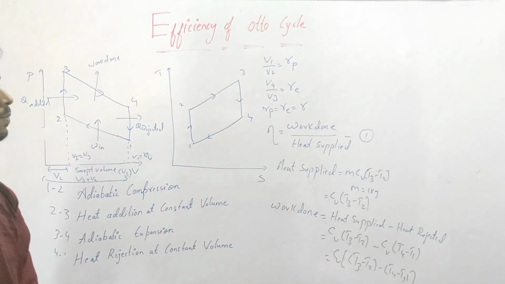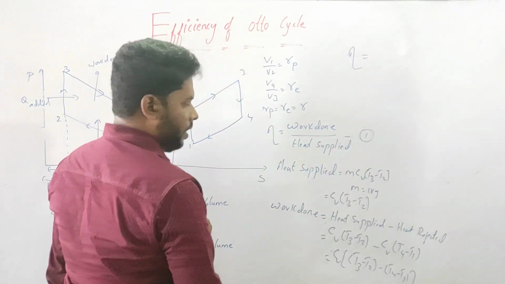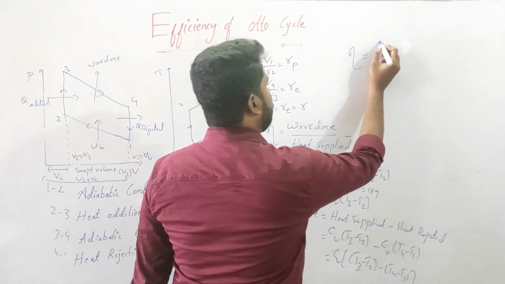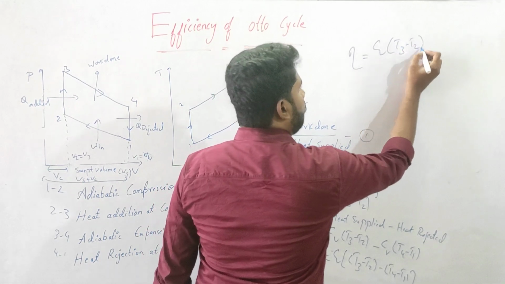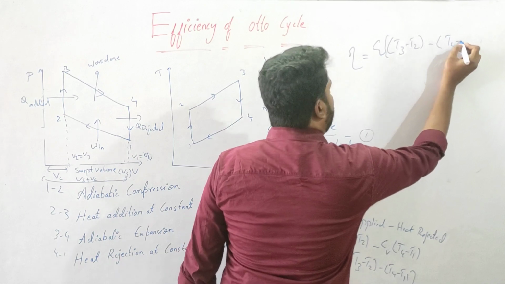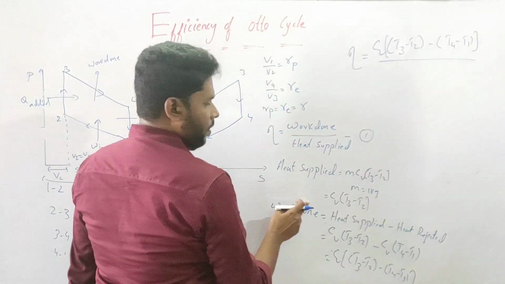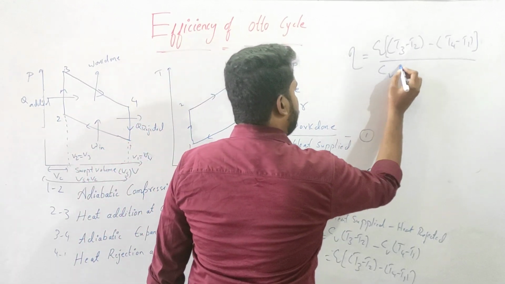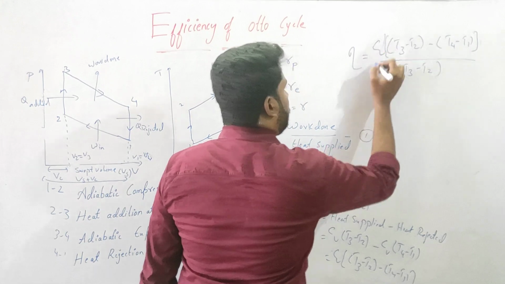If I substitute here, efficiency is equal to work done. What is work done? Cv [(T3 minus T2) minus (T4 minus T1)] divided by heat supplied. What is heat supplied? Cv (T3 minus T2). The Cv gets cancelled out.